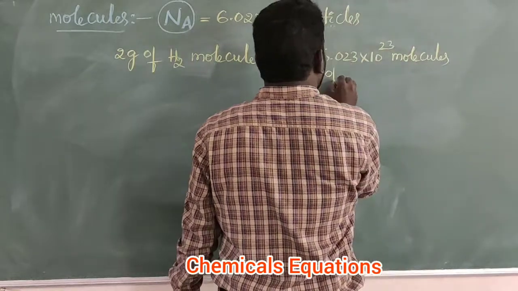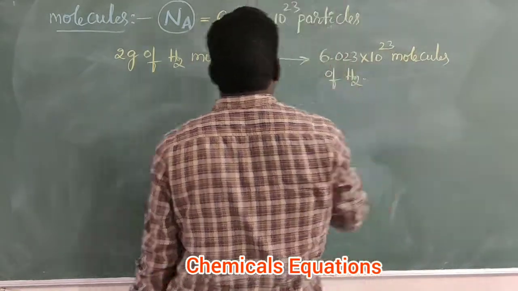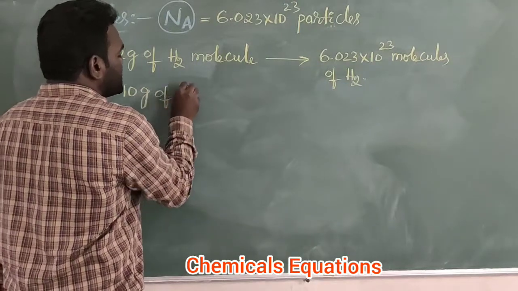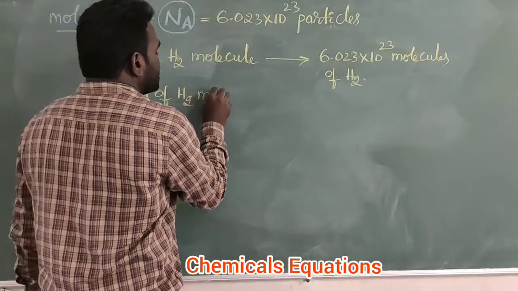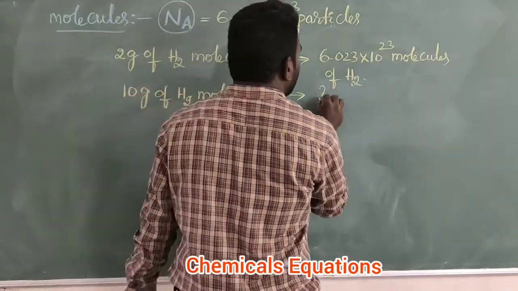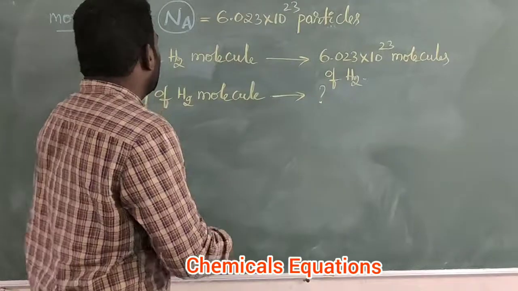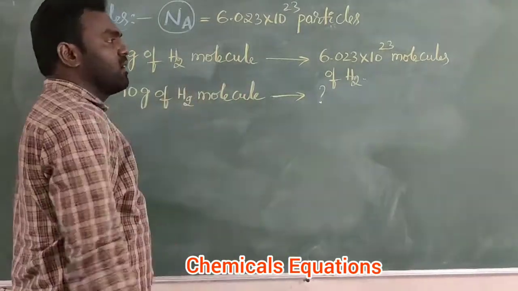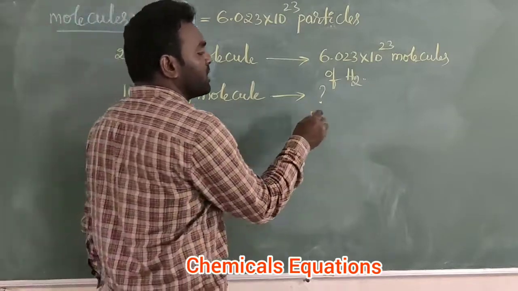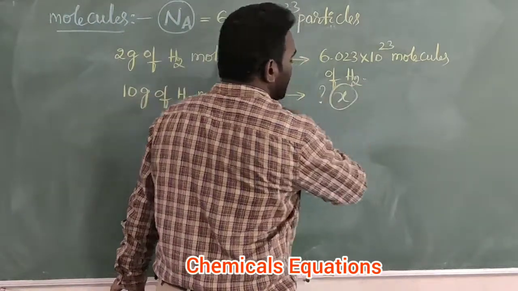Then 10 grams of H2 molecule contains how many molecules? 2 grams of H2 contains Avogadro number of molecules of hydrogen, then 10 grams contains how many molecules? This is the question, so take it as X.